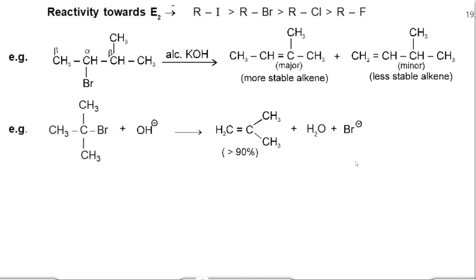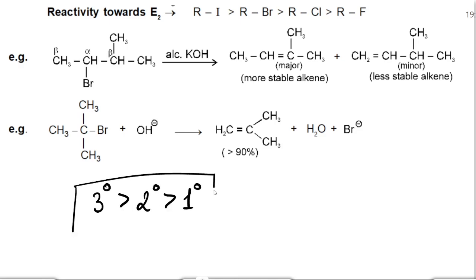Reactivity order is same in E1 as well as E2. Even the order is same: tertiary, secondary, primary, because more alkylated alkene is more stable. So see, beta hydrogens here are 3.